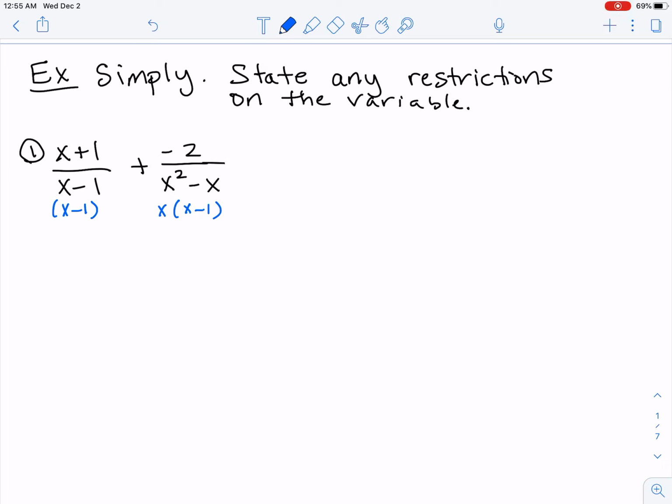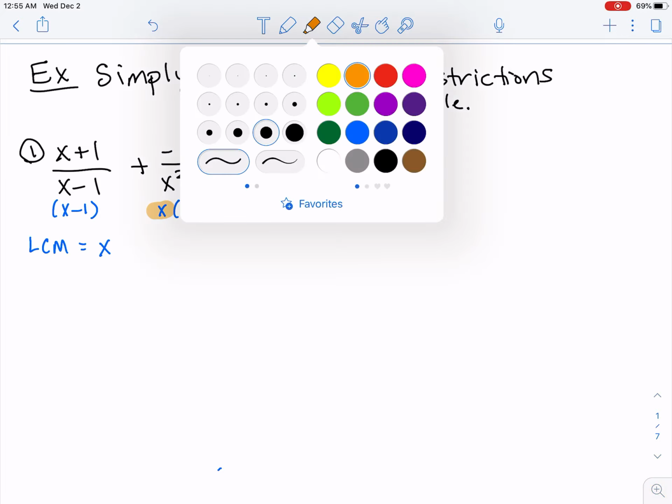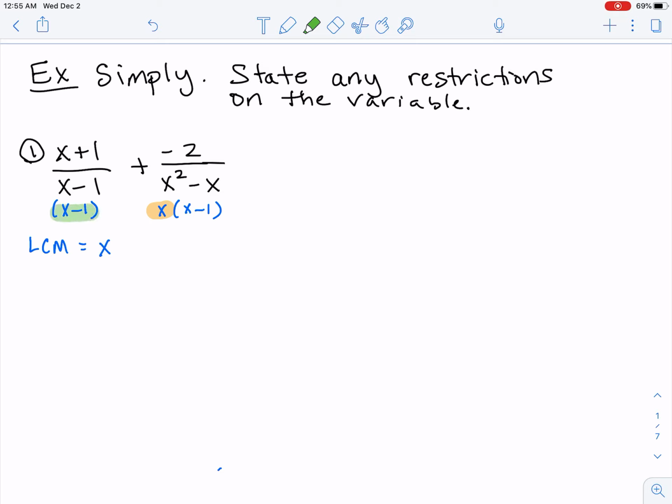So that least common multiple, let me write that. The least common multiple is going to be x, and then you have an x minus 1.